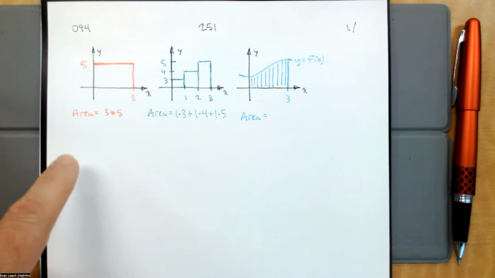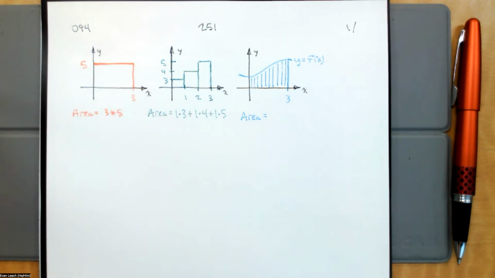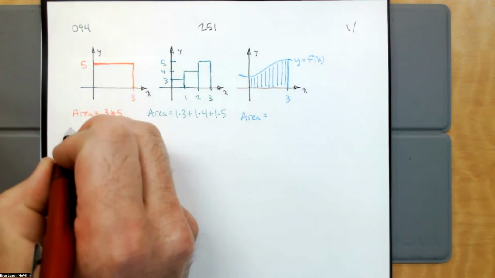In our first example, in our first picture, this red rectangle, the length is constant for the entire width. So we get to multiply 3 times 5. In the second example, the length is variable, but it's constant in short bursts. So here I have a constant length.